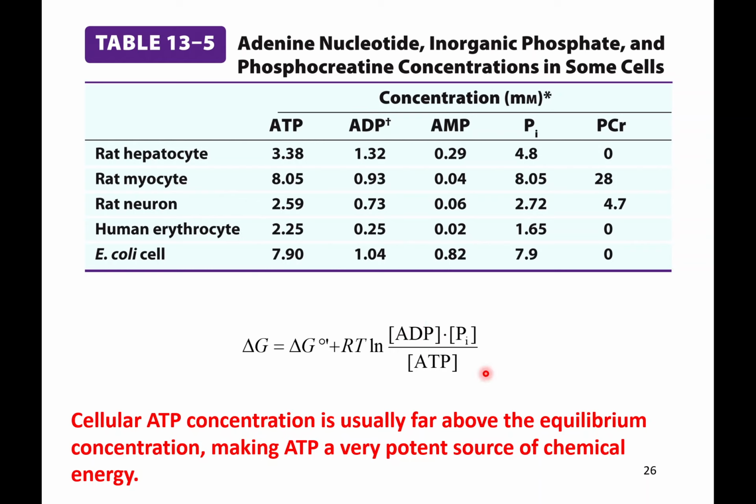So that again just helps drive this forward even more, making ATP a very potent source of chemical energy. It already is based on its structure, but then the cellular concentrations really accentuate that as well.